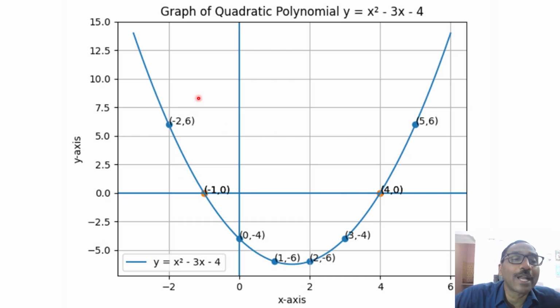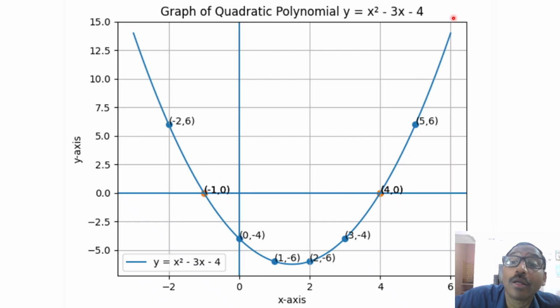See here, at how many places is this parabola intersecting the x-axis? This parabola is intersecting at 2 points. This is one point where the parabola intersects the x-axis, at minus 1 comma 0, and this is the other point, 4 comma 0. So what are the zeros of this polynomial?